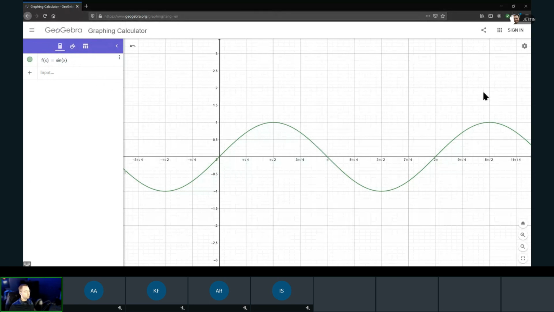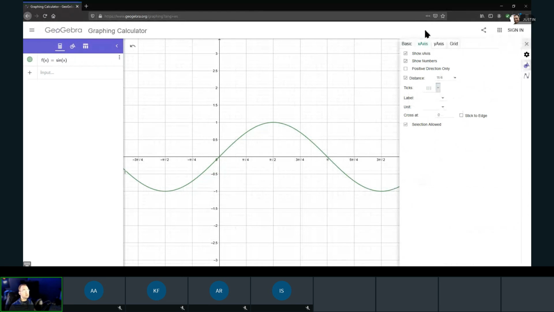All right, so make sure all of you remember how to change your x-axis into radians. I'm going to quickly give you a refresher. We go to settings here. The cogwheel hits settings, go to the x-axis, and then you're going to change distance. You're going to select pi over 2.